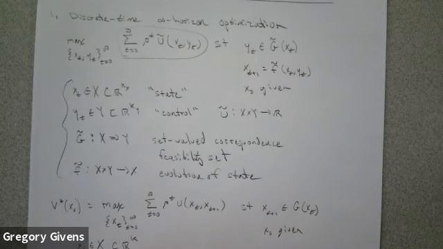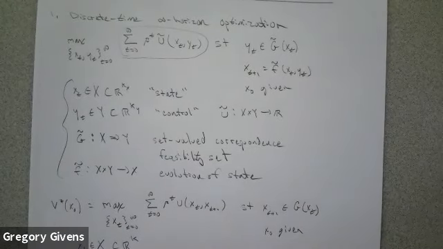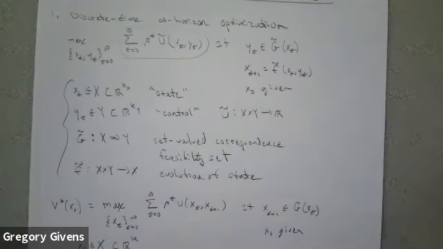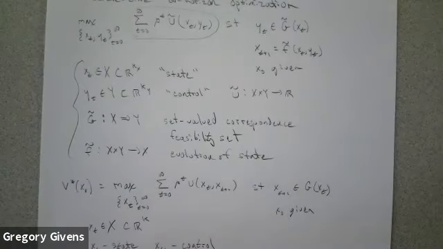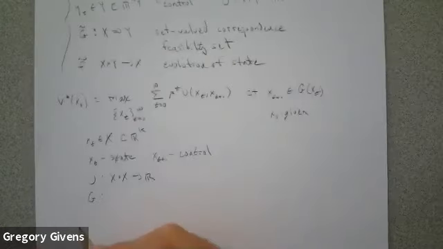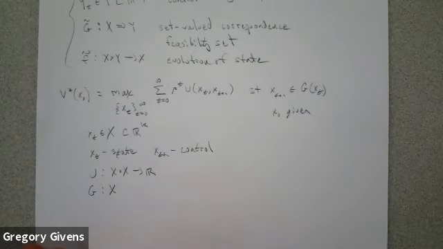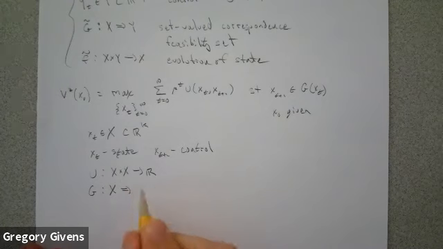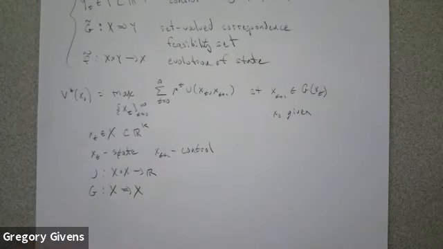Xt is the state, and what becomes the control in this problem? Well, the value of tomorrow's state effectively becomes the control. U then maps elements of x times x into the reals, and the constraint correspondence G maps elements of x into x.